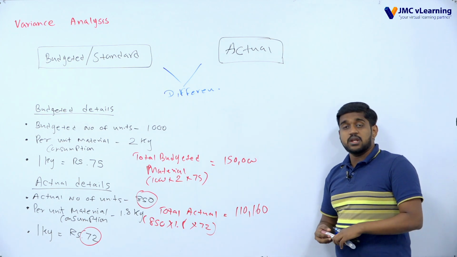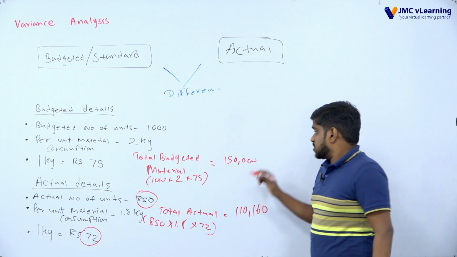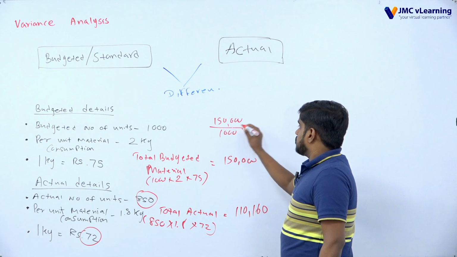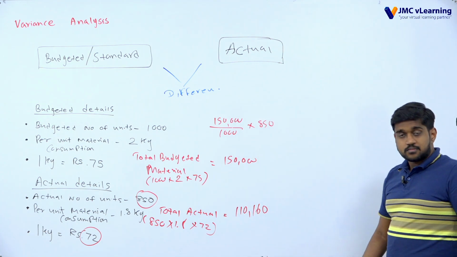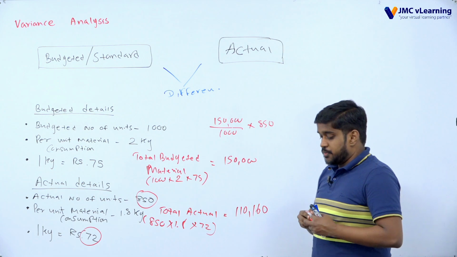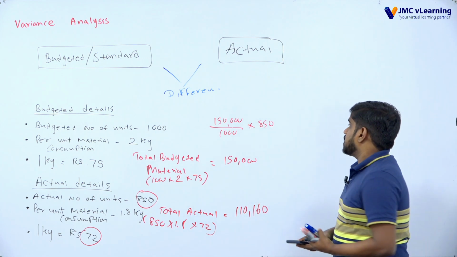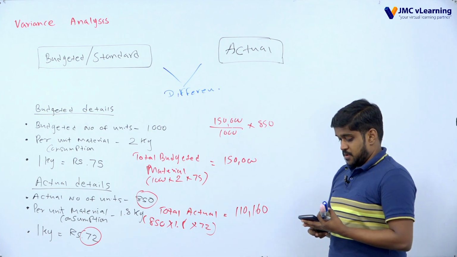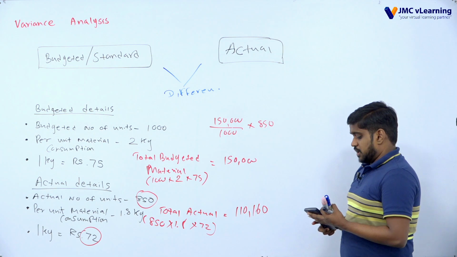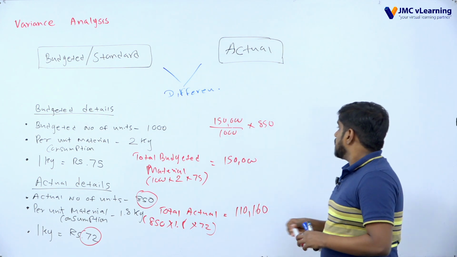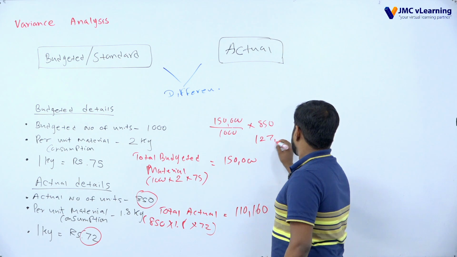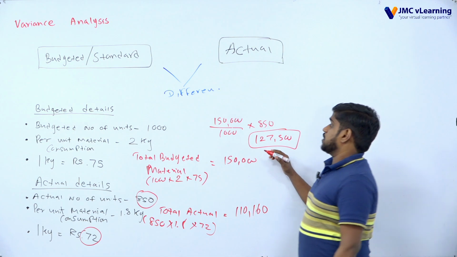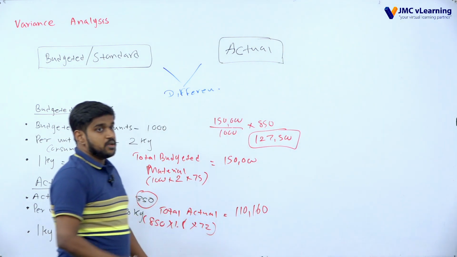We calculate the flex budget. How can I calculate the flex budget? Normally I take 150,000 and divide it by 1000, that means our budgeted number of units, and then multiply it by 850, that means our actual number of units. So 150,000 divided by 1000, multiplied by 850, we can get our flex budget as 127,500.